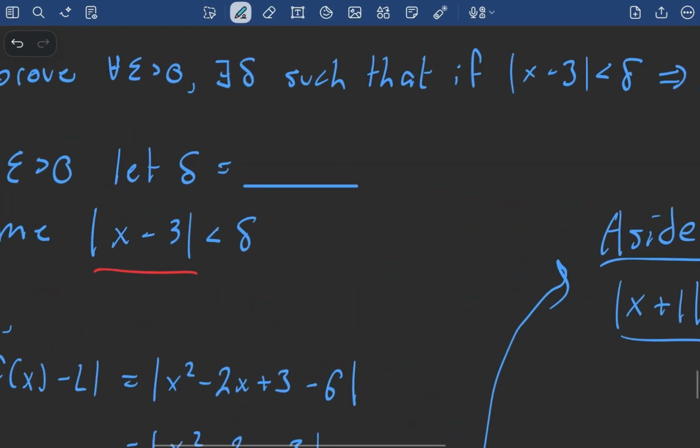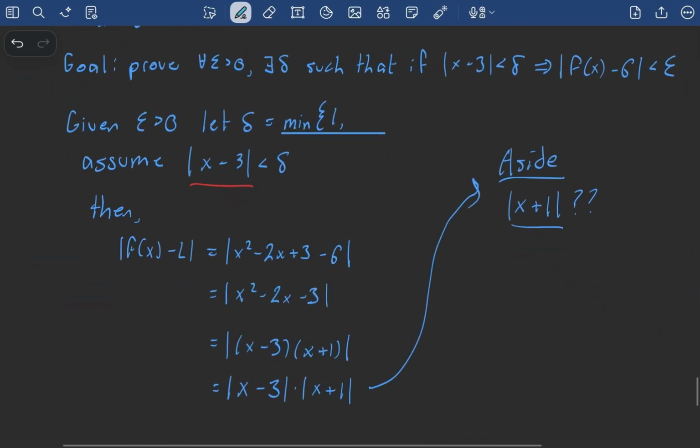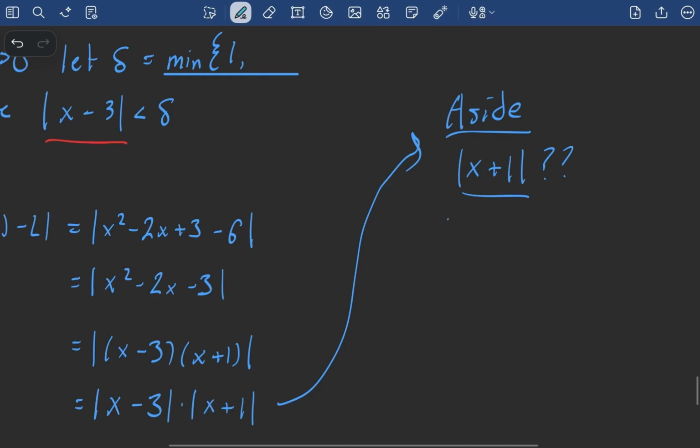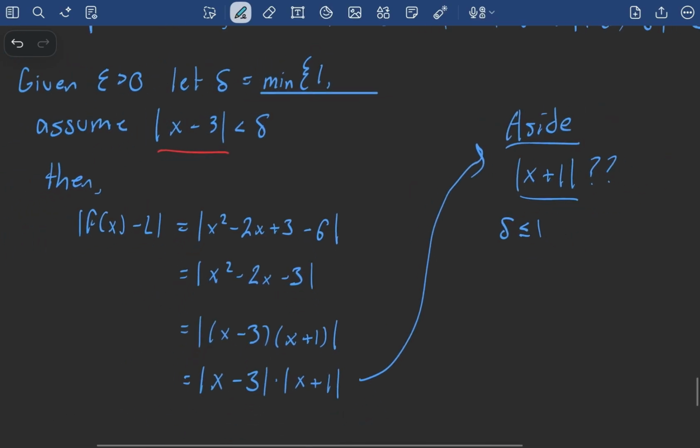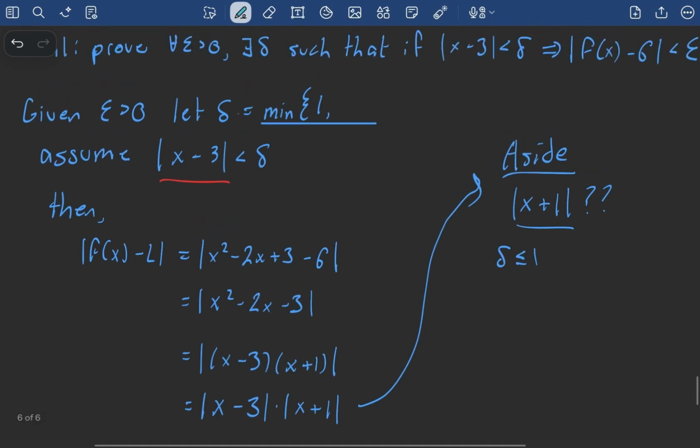The trick is to take delta to be the minimum of two numbers. One easy number, like 1, and then one number that will most definitely have epsilon in it so that you can finish your inequality. By taking delta to be the minimum of 1 and some other thing, we have guaranteed that delta is less than or equal to 1. Do we see how that works? Because either delta is equal to 1 or is less than 1 by the minimum function.